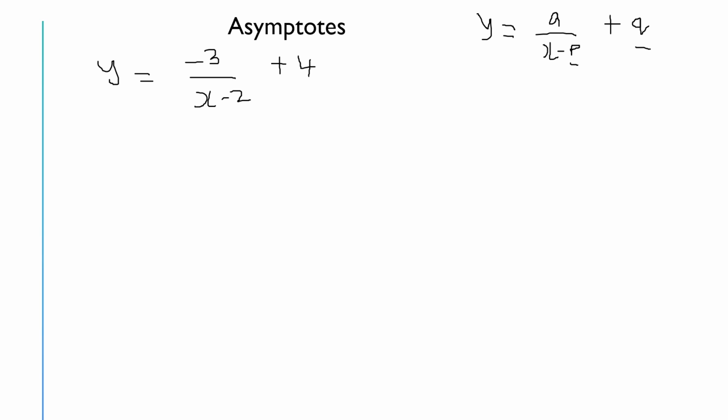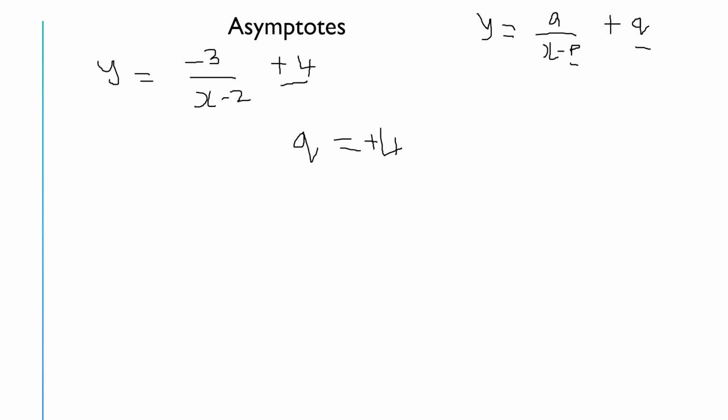In our given expression, the value on this side is our q, so q is a positive 4. That is given to us straight away. When it comes to p, be careful.